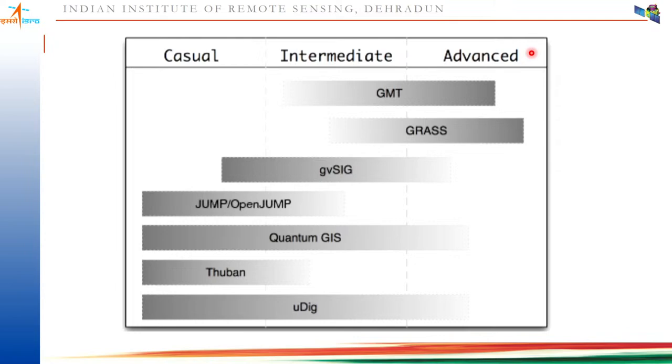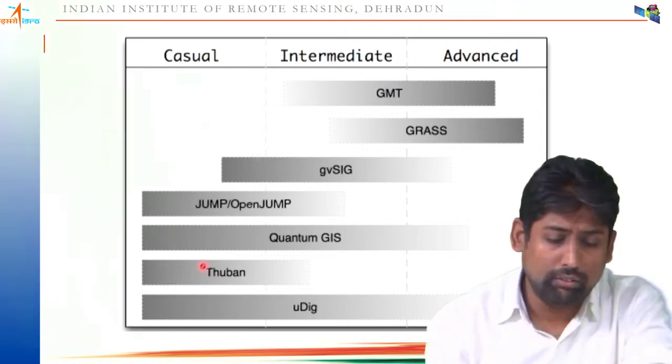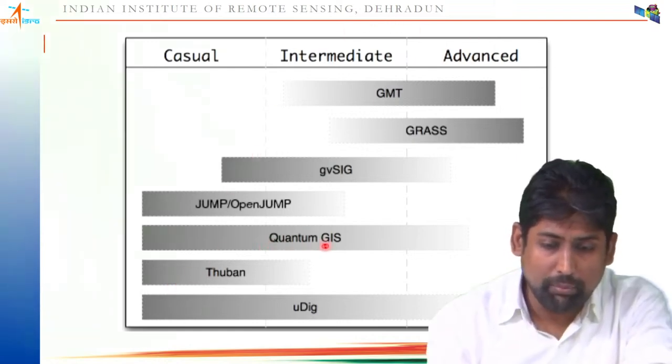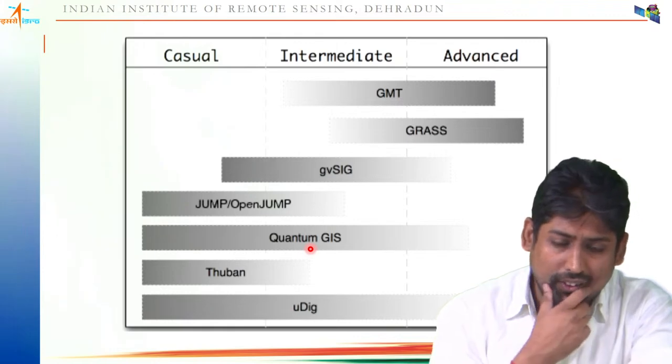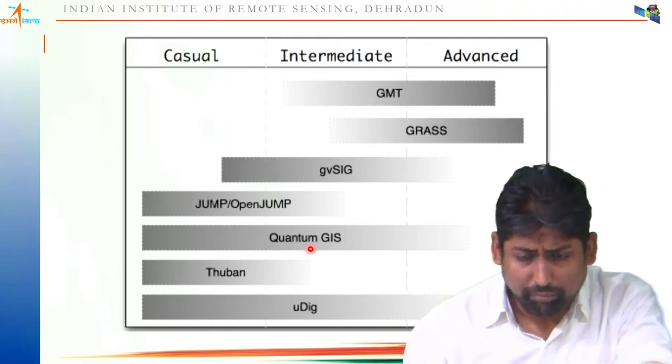Again, I'm talking about a lot of these softwares in the open source domain. Which one will you use? So mostly I tell people that you should start with QGIS. Earlier it was known as Quantum GIS.